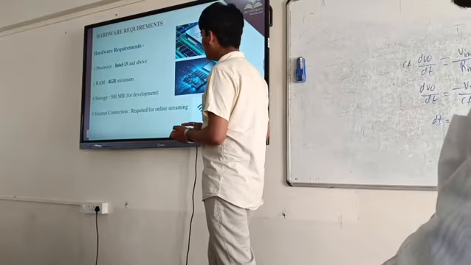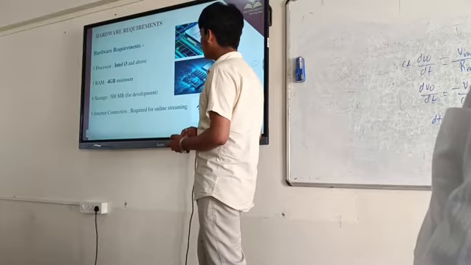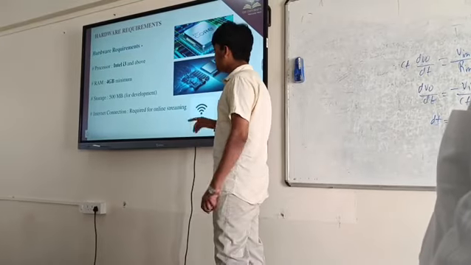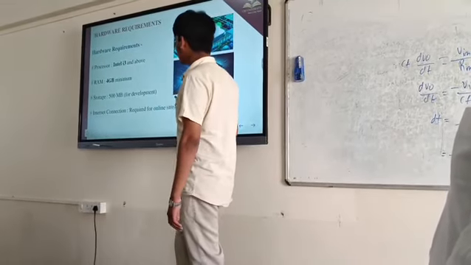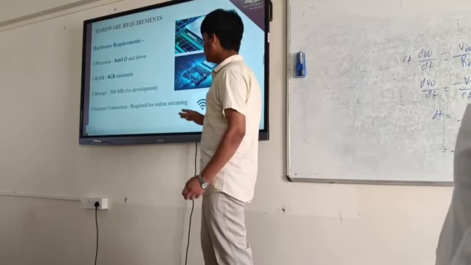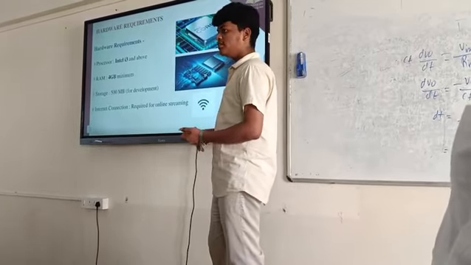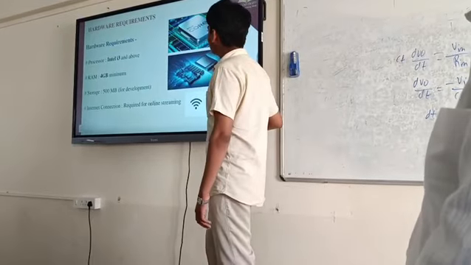Minimum it requires Intel i3 and above, then RAM should be minimum 4 GB for a smooth experience, and storage of our web application is minimum 500 MB for development, and an internet connection with Wi-Fi for online streaming without downloading.